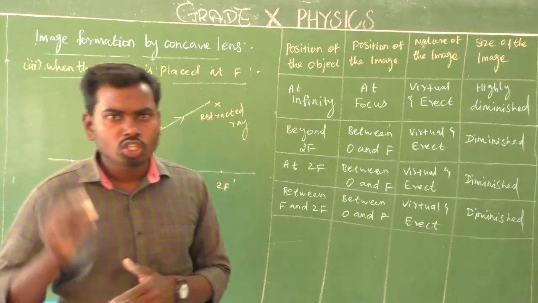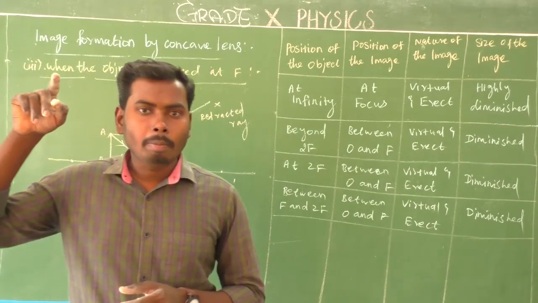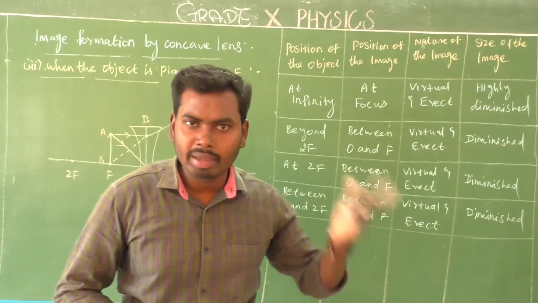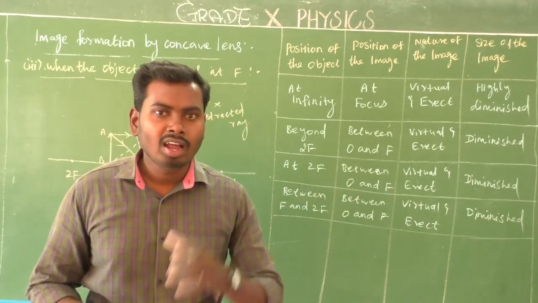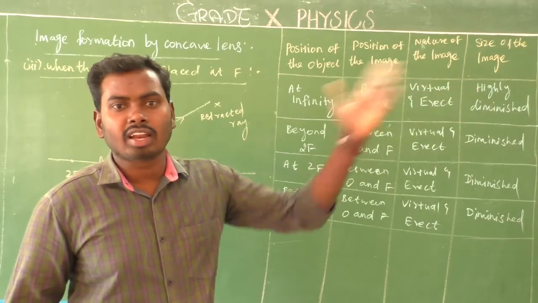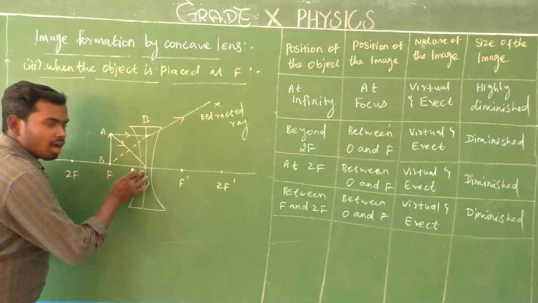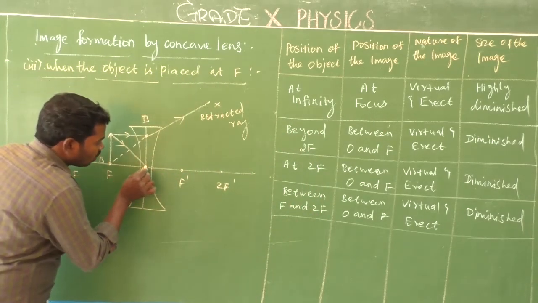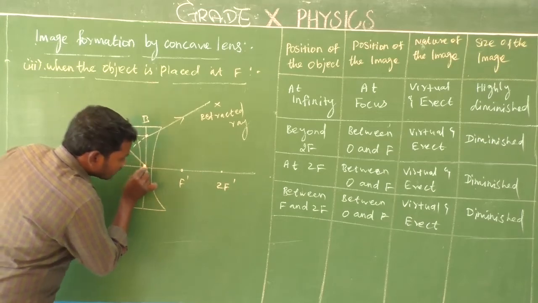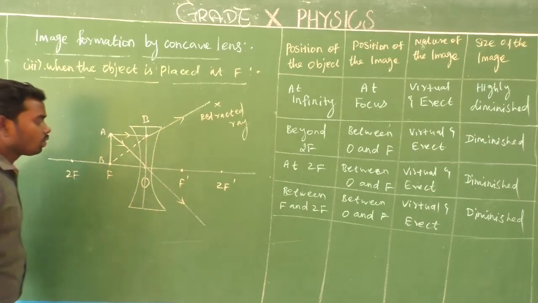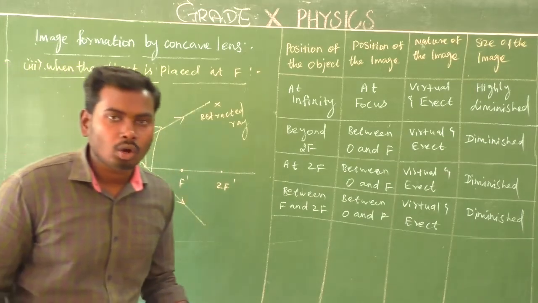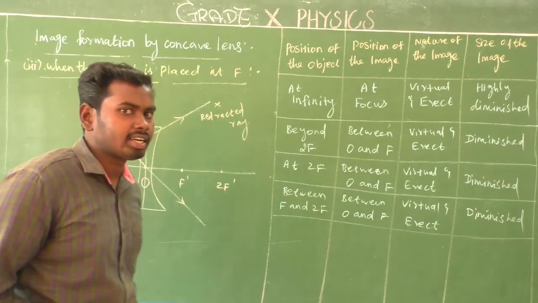Whenever light goes through the optical center of a concave lens, there will not be any refraction, which means there is no bending and the light will go in a straight line. So after passing through the optical center O, light will go in a straight line. That is a rule we already know clearly.